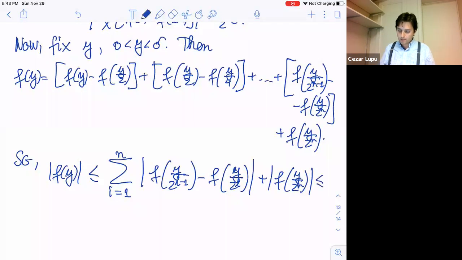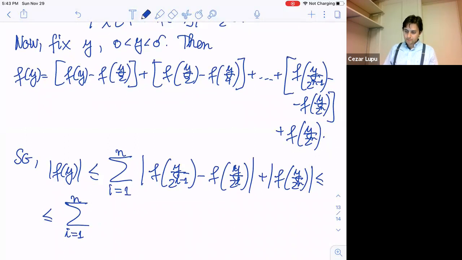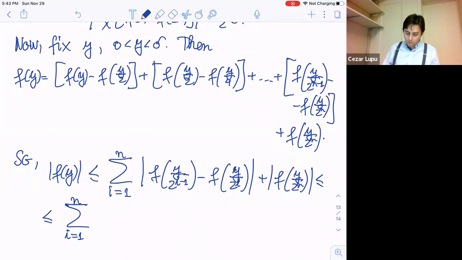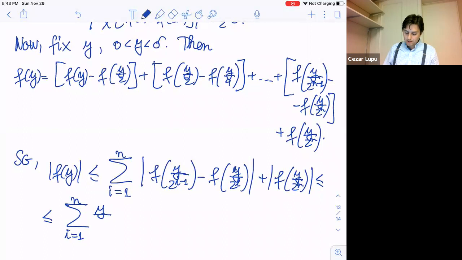And this will be less or equal than the sum of, so we know that the difference is less than 1 over 2 epsilon. So this would be y over 2 to the power i minus 2 to the power i times epsilon, plus the last one, which is the absolute value of f of y over 2 to the n.